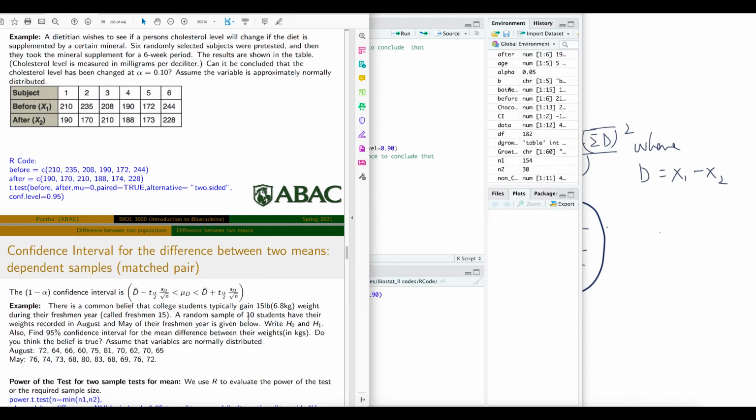Okay, so what would you write? He says that the common belief is that college students typically gain 15 pounds during their freshman year. A random sample of this, write H0 and H1, find the confidence interval for the mean difference between their weights. Do you think the belief is true? So they say that they gain 15 pounds versus we say they do not gain 15 pounds, right?